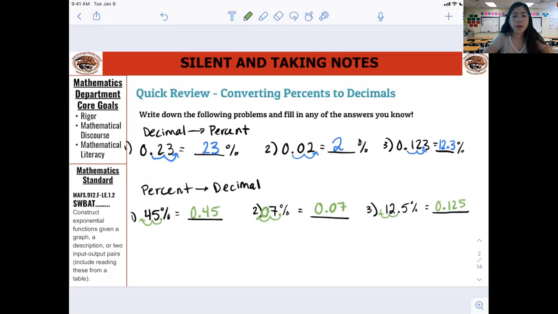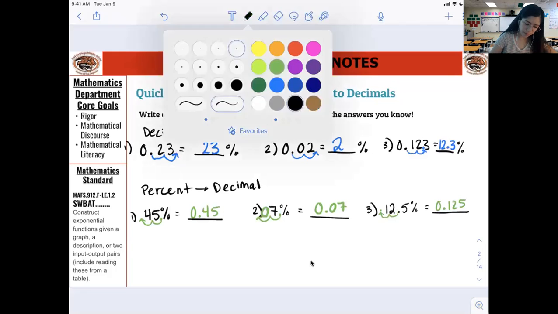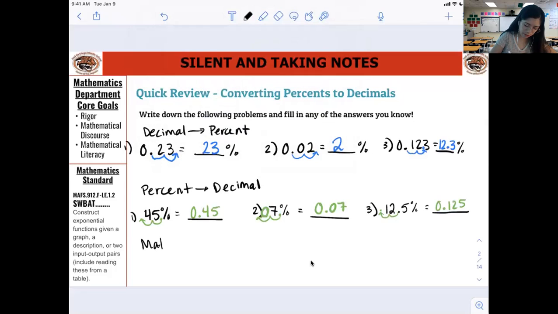Any questions on going from a decimal to a percent or a percent back to a decimal? Okay, good. One last thing I want to do now is just a little bit of math with decimals. Shouldn't be too bad. What is 1 plus 0.12? That's the first one. What is 1 minus 0.12?